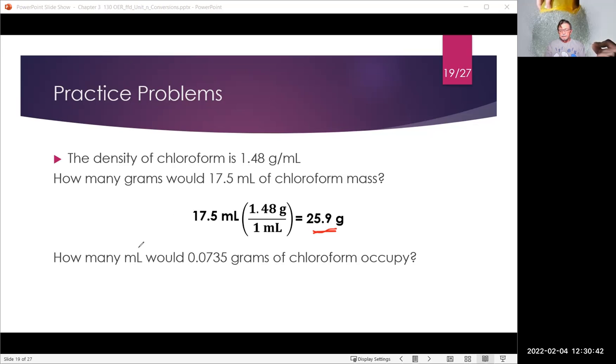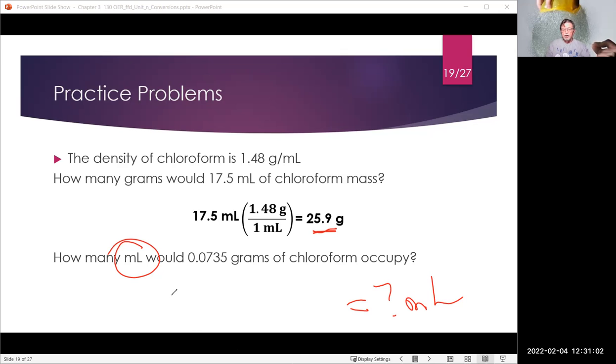All right, next scenario is here. How many milliliters? I always mark what units I'm looking for because that helps me keep track of where I need to go and how I'm going to set the problem up. What is the volume? How many milliliters would 0.0735 grams of chloroform occupy?